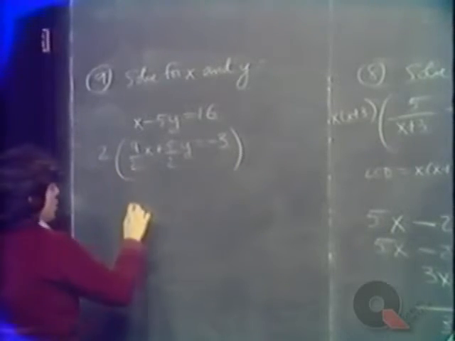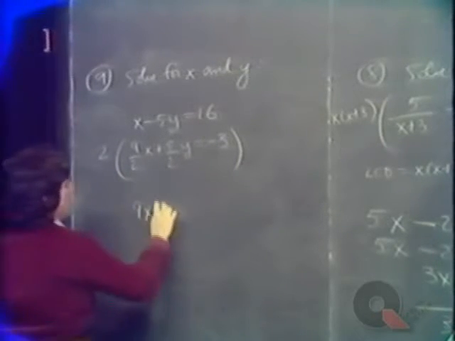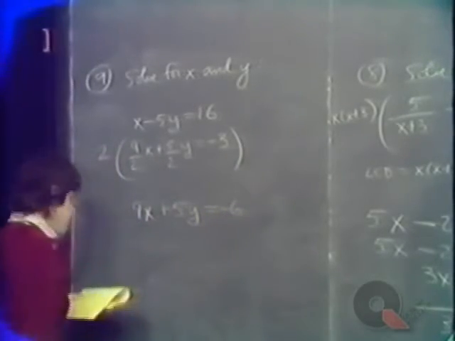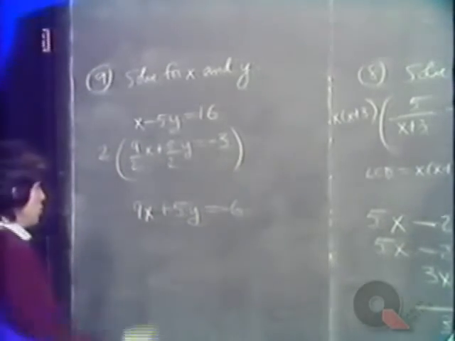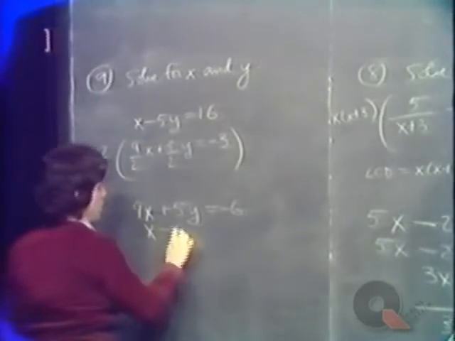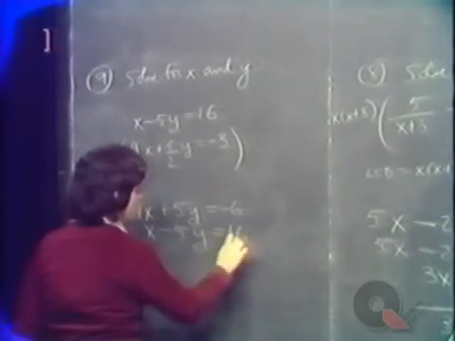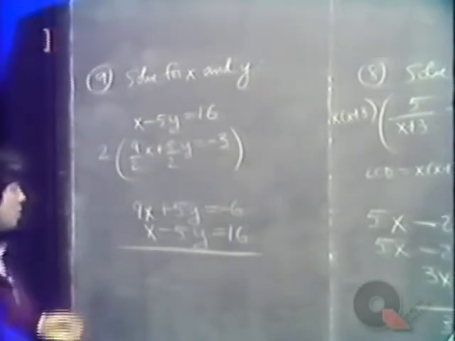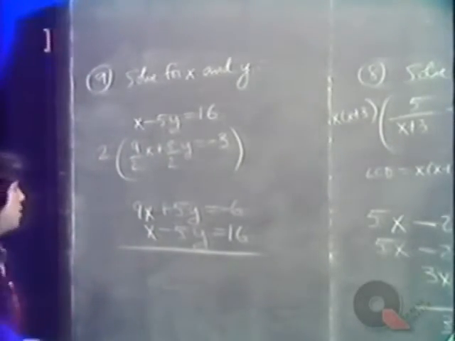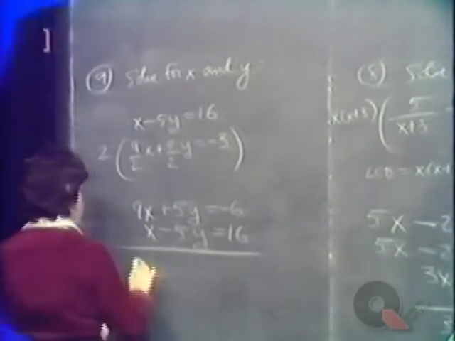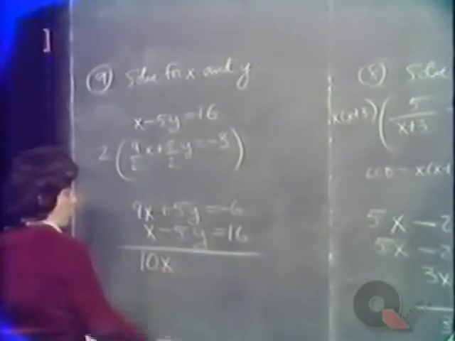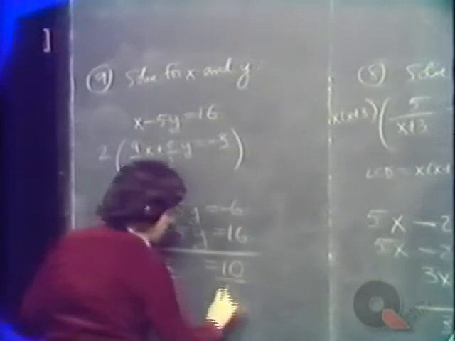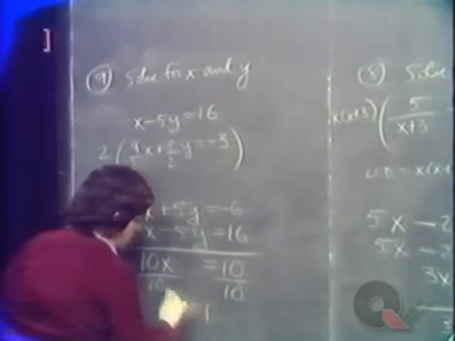So this gives me 9x plus 5y equals minus 6. And my original first equation is x minus 5y equals 16. I don't have to do any extra work to solve this by elimination. I just simply have to add the equations, and I get that 10x, the y's are eliminated, equals 10. And dividing by 10, x equals 1.